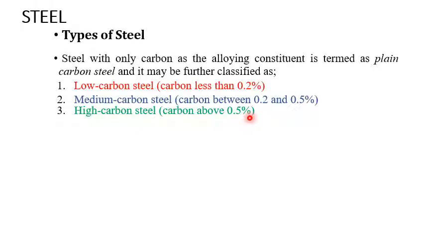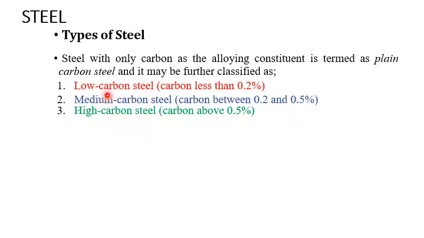In the iron carbon diagram, the steels will have carbon content less than 2.1 percent. So wherever the carbon content is more than 0.5 and less than 2.1, we call them high carbon steels.